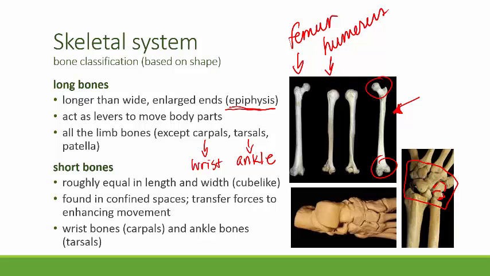When you have short bones, you have lots of muscles that are pulling in all these different directions that allow for very fine control of that movement. So the short bones are mostly the carpals and the tarsals. Those are the two types of bones that we associate with this short bone category.